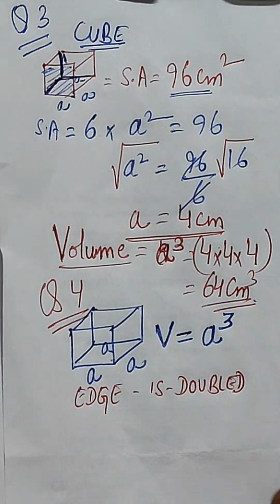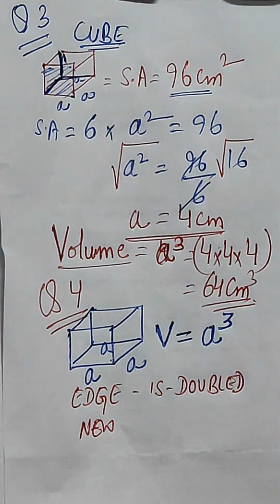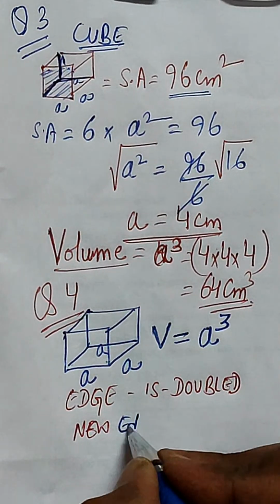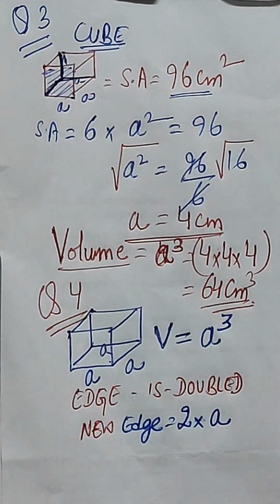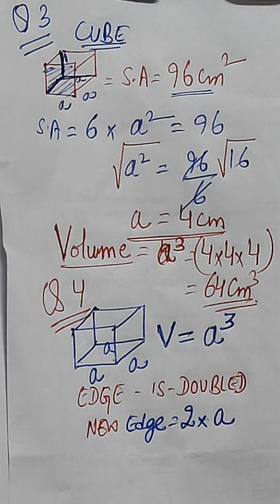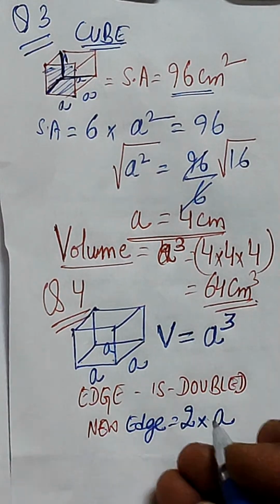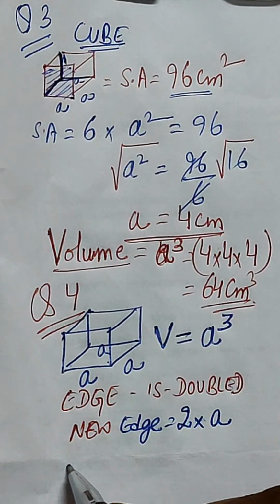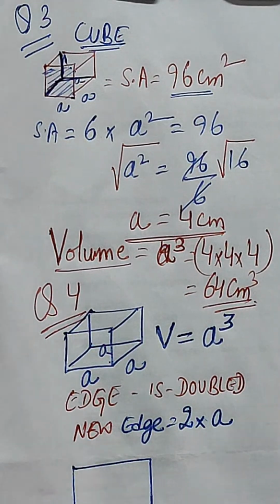That means the new edge will be 2 into A, isn't it? 2 into A. Now it has been asked in the question, if each edge of a cube of volume V is doubled, then what is the volume of the new cube, right? Then a new cube will be formed with a bigger edge, right? With a bigger edge.